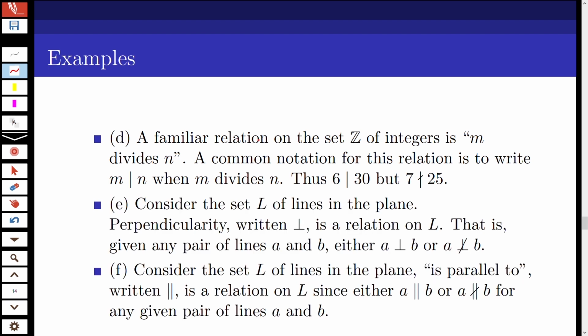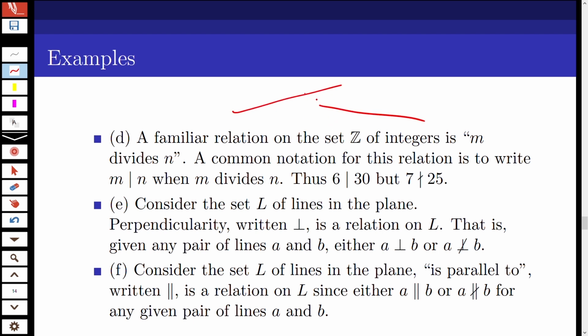Now consider the set of lines L in the plane. Then you know that perpendicularity is a relation on L. That is, for any given pair of lines A and B, either A is perpendicular to B or A is not perpendicular to B. Remember, this is for the set of lines in the plane. So consider two lines in the plane.